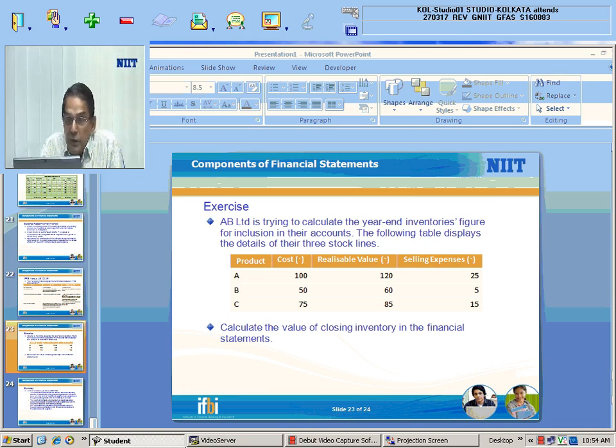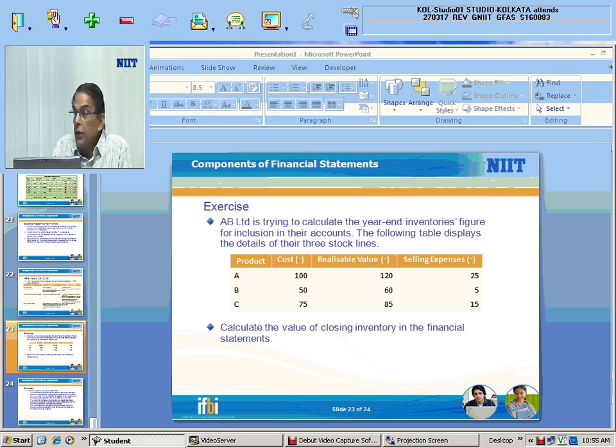So let's see if anybody comes up with a correct answer. I'm waiting for a correct response from some of you. What will be the closing value of the inventory? This information is given.